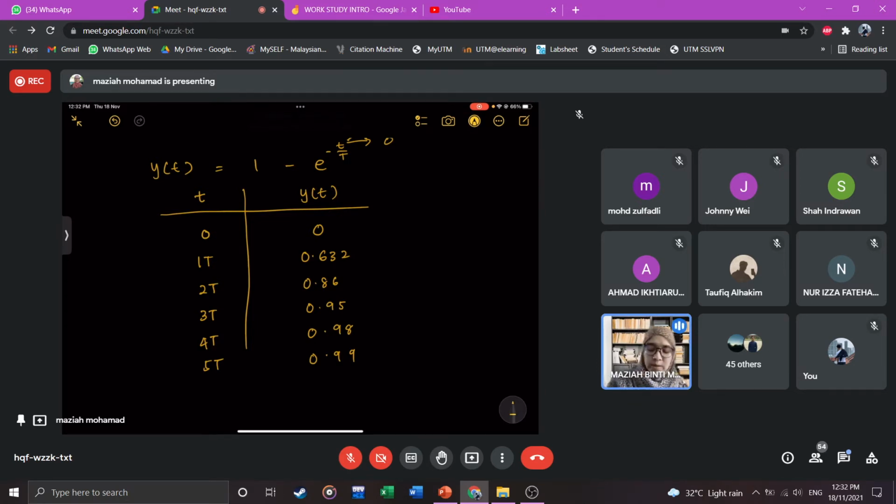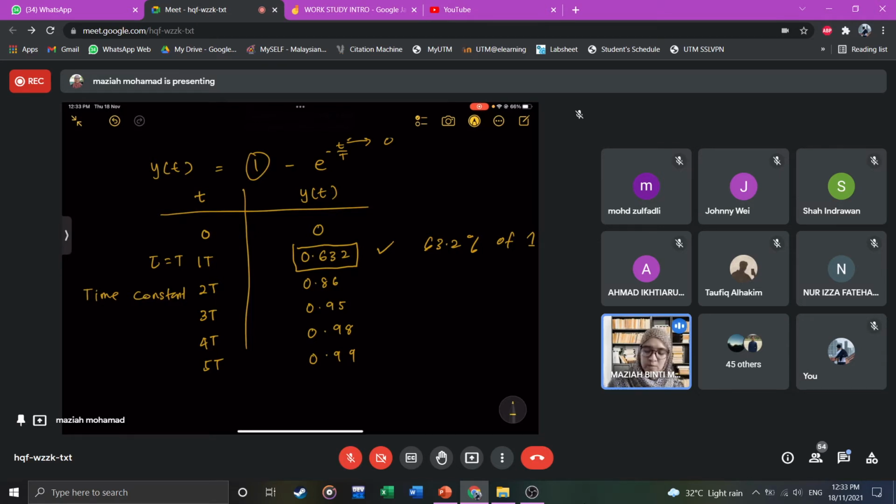Here we can see that when t is equal to tau, where tau is the time constant, it proves that when time is equal to the time constant, it will reach 0.632, which is 63.2% of 1, because this is a unit step input.